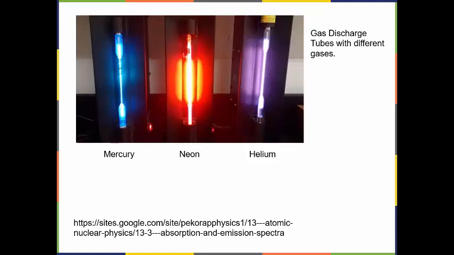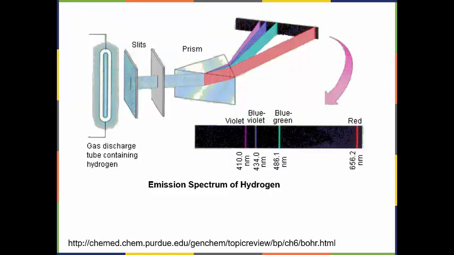And if we look at the colors, we can identify the gas that's inside the tube. So notice mercury is kind of bluish, neon's kind of reddish, and helium's on the purple end. Astronomers and physicists use this concept to figure out what stars are made out of.